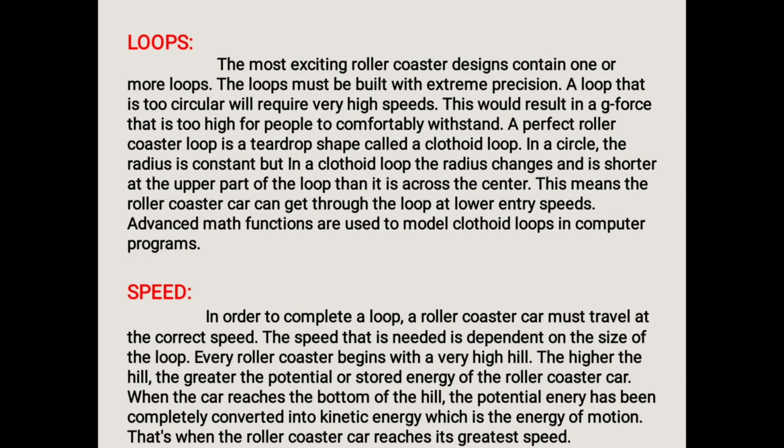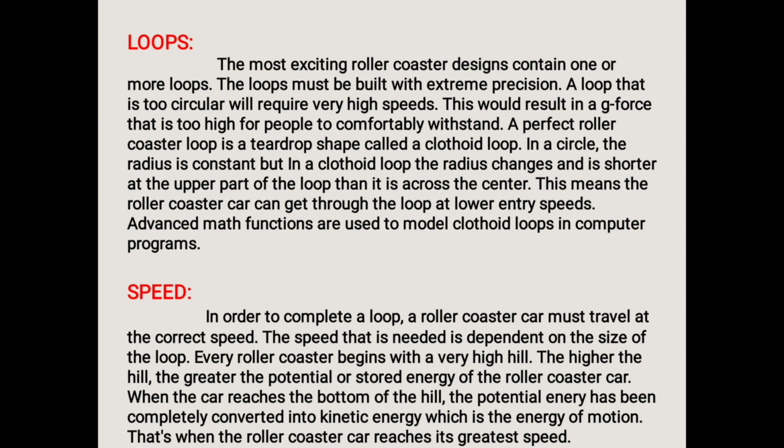So what are loops? The most exciting roller coaster designs contain one or more loops. The loops must be built with extreme precision. A loop that is too circular will require very high speeds. This will result in a G-force that is too high for people to comfortably withstand. A loop with higher gravitational force will be uncomfortable to withstand.